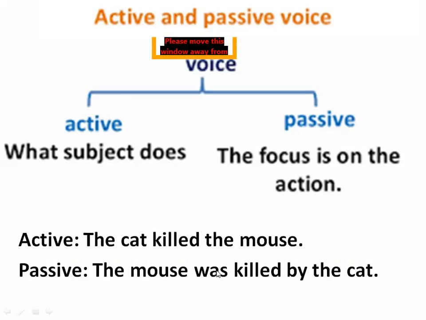Ok, before the main verb it stands, and it is according to the tense of active sentence. This is simple past, we have to put simple past helping verb over here, which are was and were, because we are using it as a singular. Ok, the mouse is singular, so we are going to use the simple past tense helping word here.